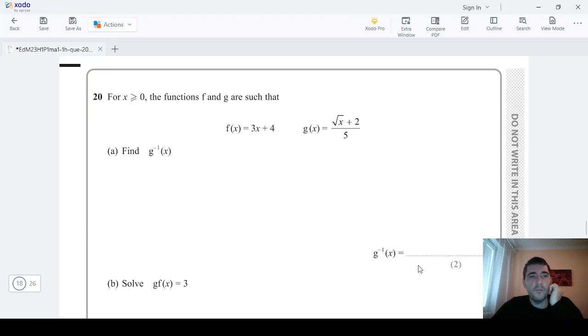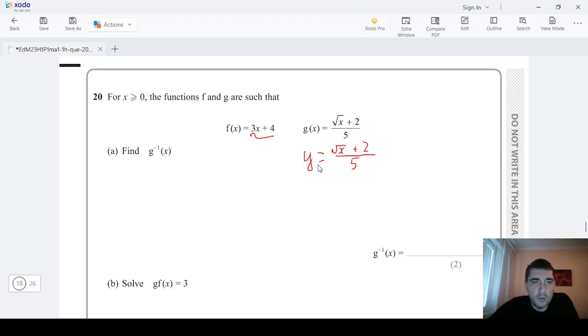Okay, so for x greater than 0, the functions f and g are such that f(x) equals 3x plus 4, g(x) equals square root of x plus 2 over 5. Work out the inverse of g. To work out the inverse, we need to swap x and y values. So in this case, y equals square root of x plus 2 over 5.